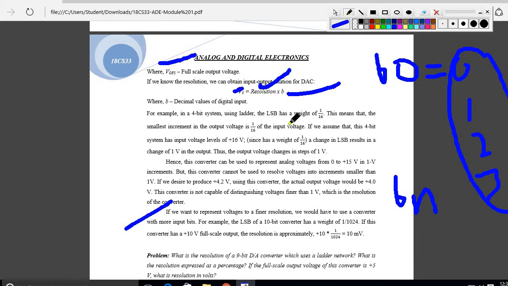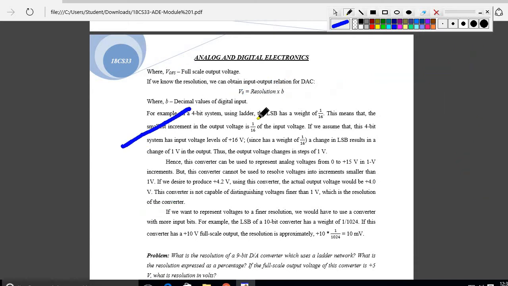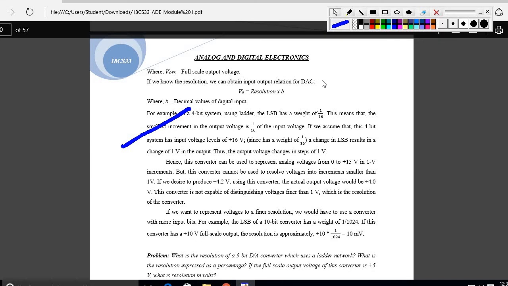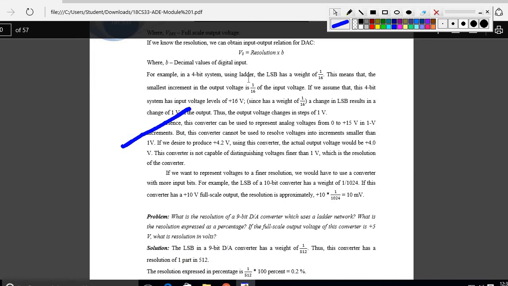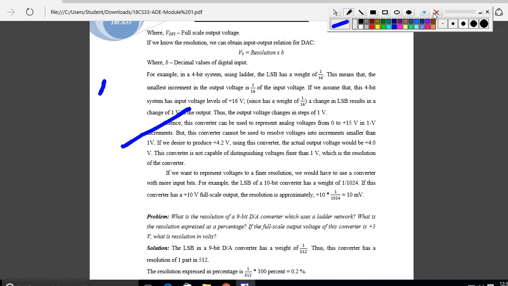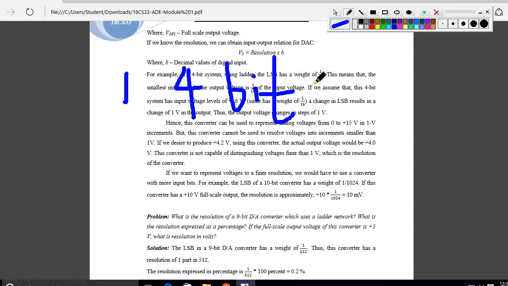Is it clear? Okay, for solving some of the problems, you just have to remember something. This is very important. First one: for a 4-bit system, note this down, it is very important for the examination.